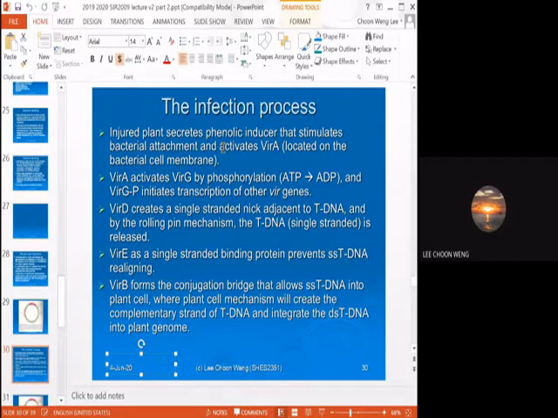It secretes a phenolic inducer and stimulates bacterial attachment. So the bacteria will attach to the plant, and when the bacteria attaches, this will activate the virulence genes.